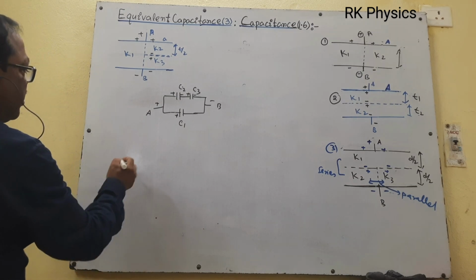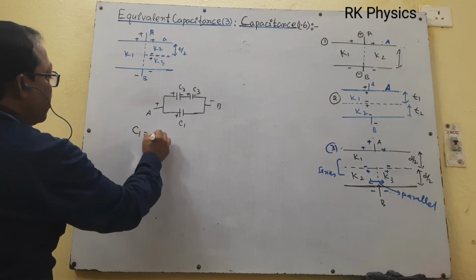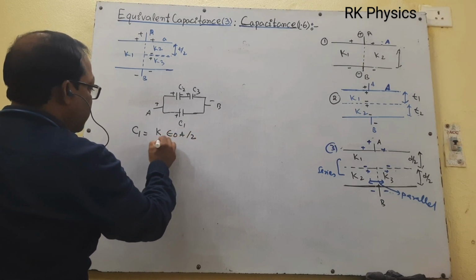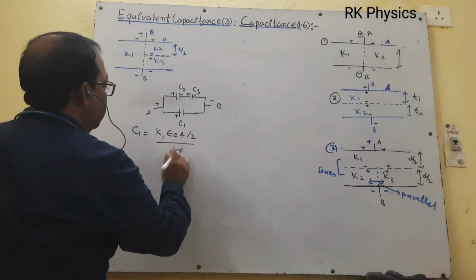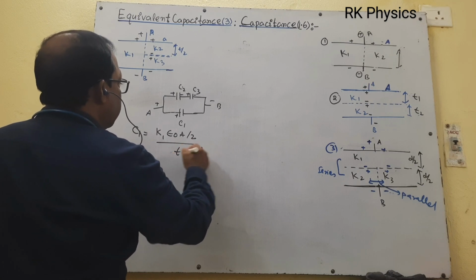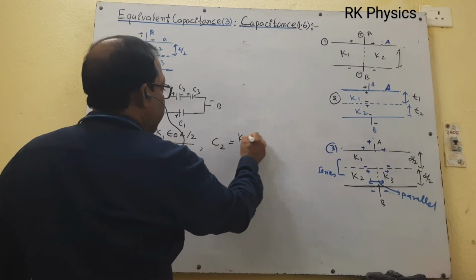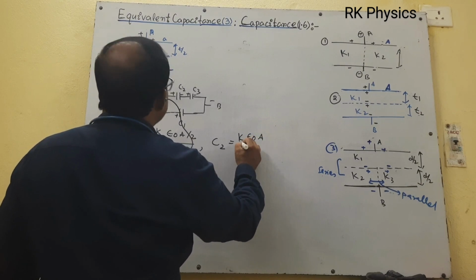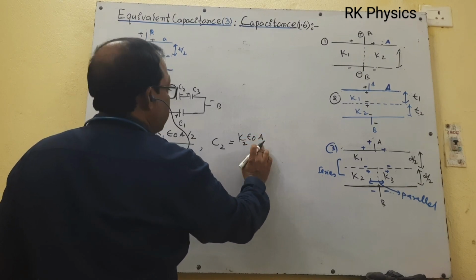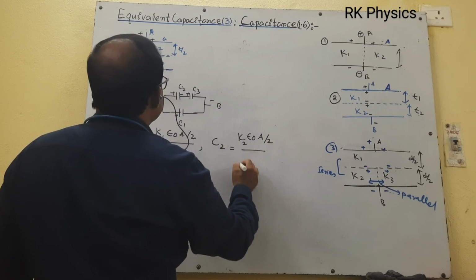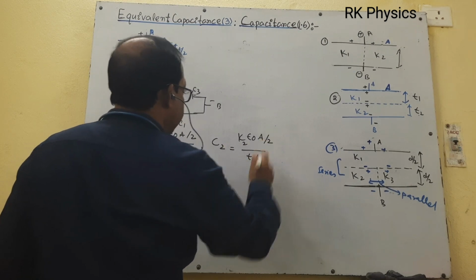Now what is C1 here? C1 equals K epsilon 0 A, where A means A by 2, K is K1, and thickness is D or T. Then C2 is again K epsilon 0 A, where K means K2, A means A by 2, but thickness is T by 2.